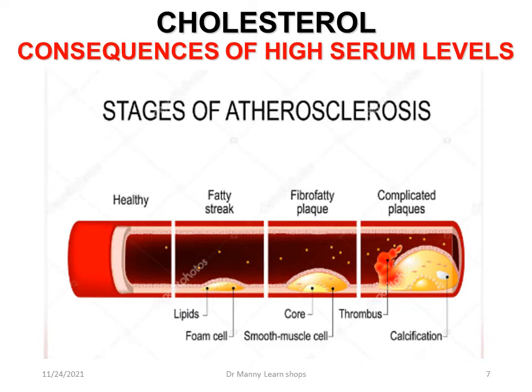This results in lipids creating a fatty streak, fibrofatty plaque, and then complicated plaques and calcification, which results in arterial obstruction. If it occurs in the heart, coronary artery disease. If it occurs in the kidneys, renal vascular disease. If it occurs in your brain, stroke.